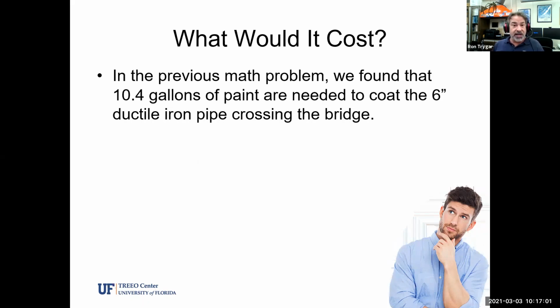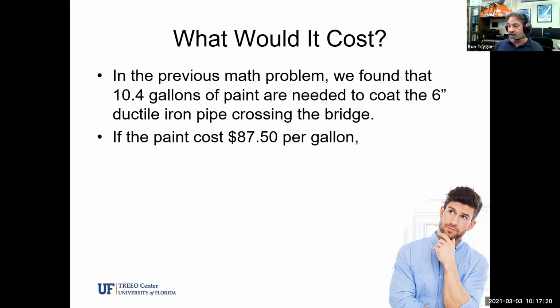So let's just take this one step further and move on a little bit. In the previous math problem, we calculated that we needed 10.4 gallons of paint to do the river crossing that was 500 feet long of 6-inch ductile iron pipe. And that was our scenario.